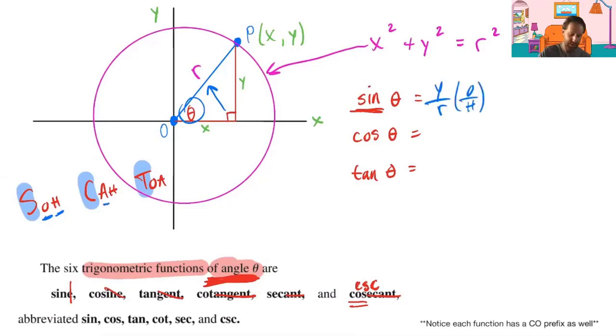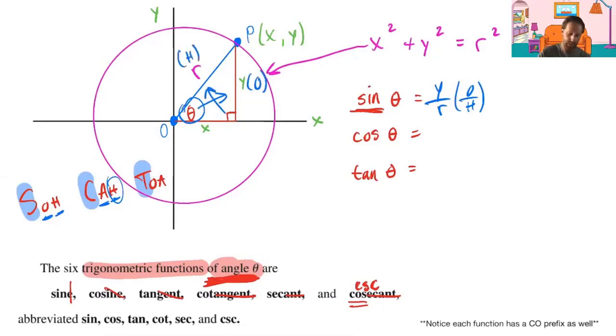Cosine is the adjacent over hypotenuse. So if you don't know what the adjacent is, you should know what the hypotenuse is, and you should know what the opposite is. So in this case, we already know all three sides because we know to here, that's the opposite side. And this is opposite the 90, so that is the hypotenuse.